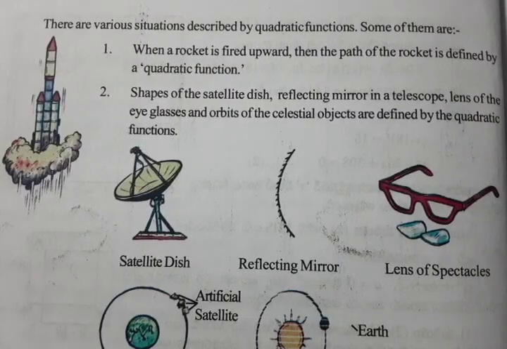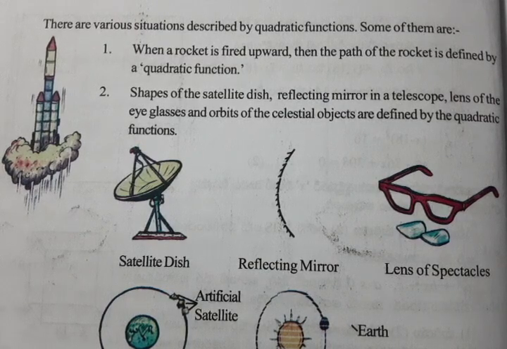Now look at here, there are various situations described by the quadratic functions. Some of them are: when a rocket is fired upwards, then the path of the rocket is defined by the quadratic equation. The shapes of the satellite dish, reflecting mirror in a telescope, lens of the glasses, and orbits of the celestial objects are defined by the quadratic functions.